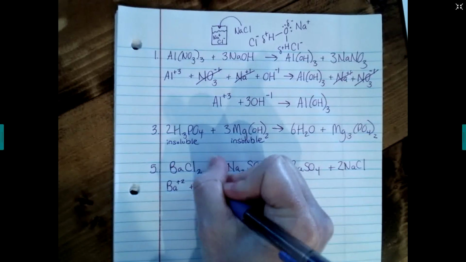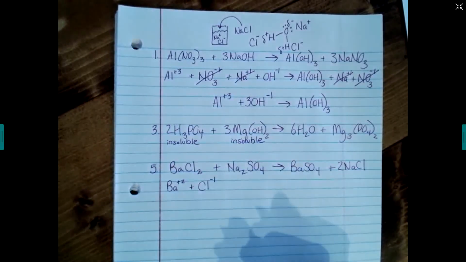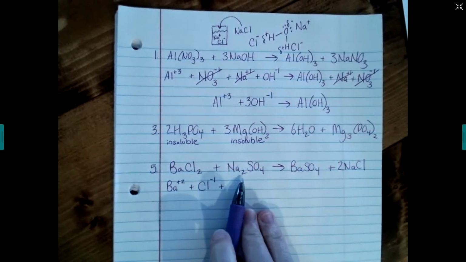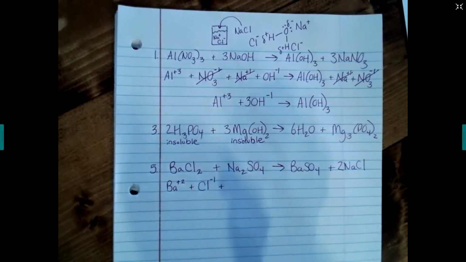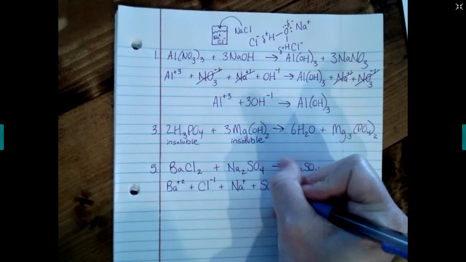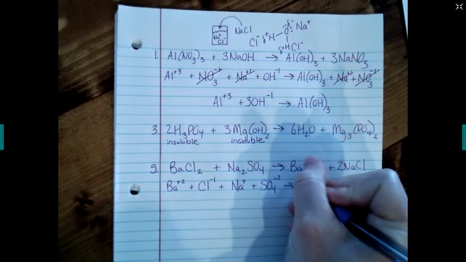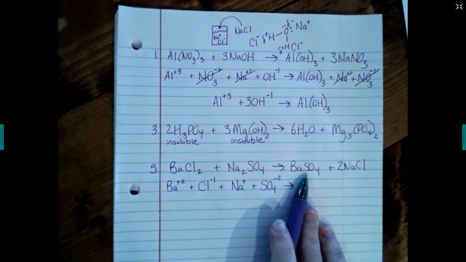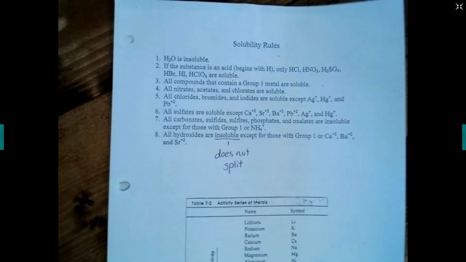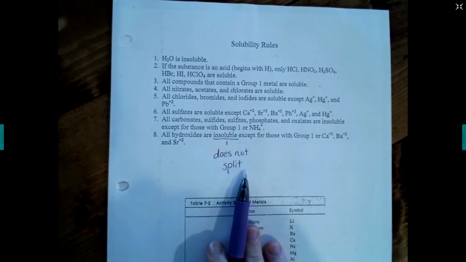Barium ion, chloride ion. Next we get to sodium sulfate. Sodium is a group 1 metal, so it will split. All group 1 metals are soluble. Now we're on the other side of our equation. We're looking at barium sulfate. You have a rule about sulfates.